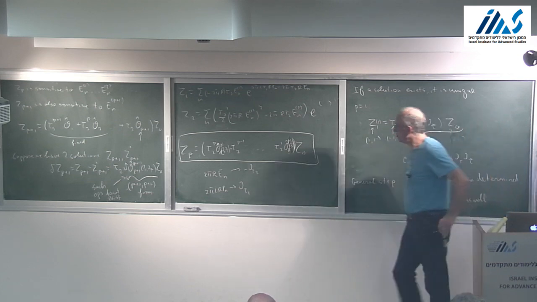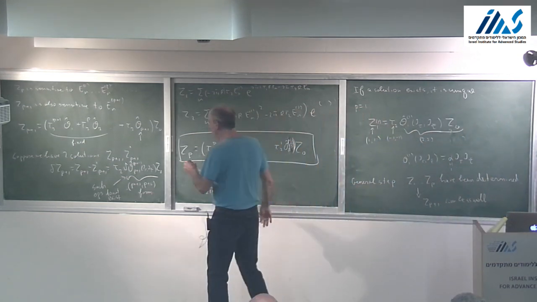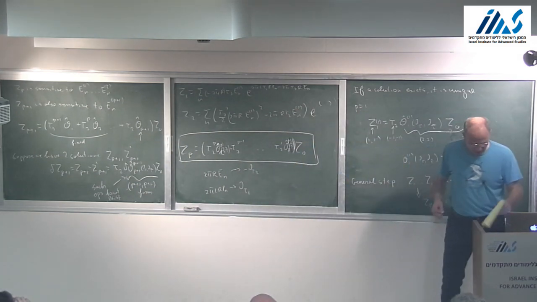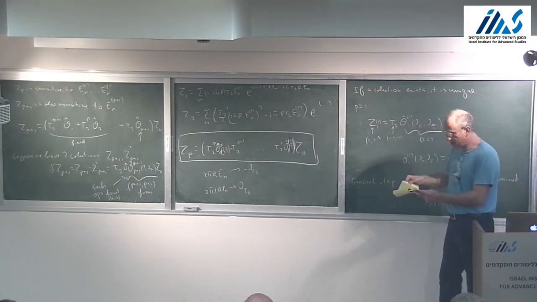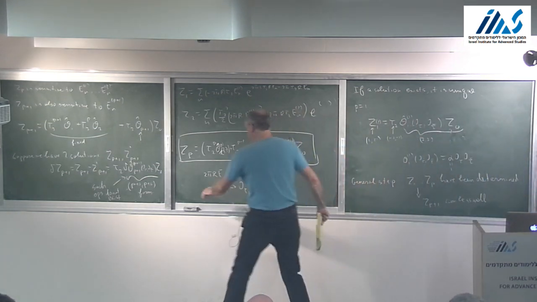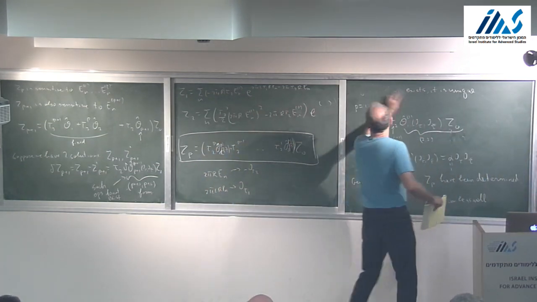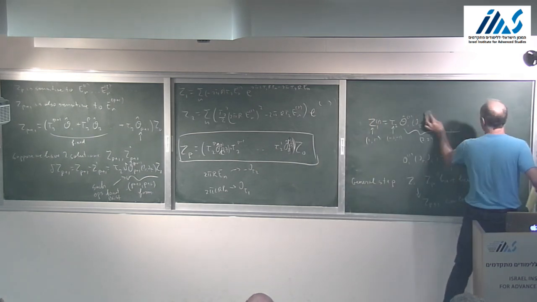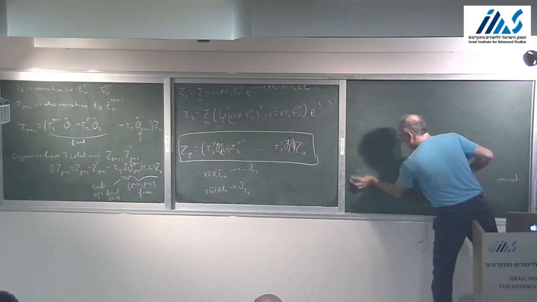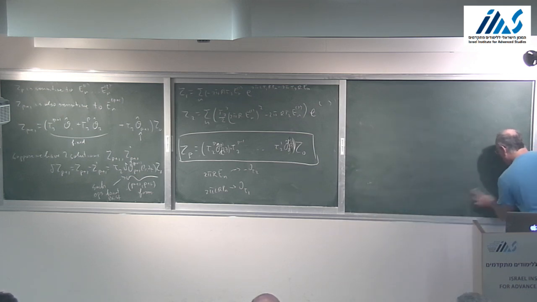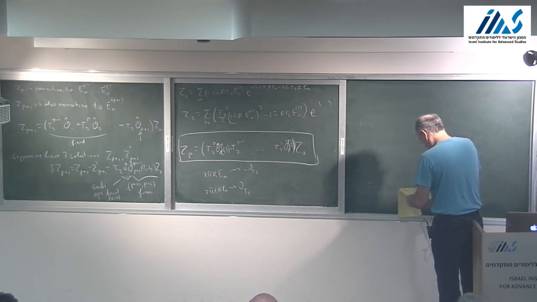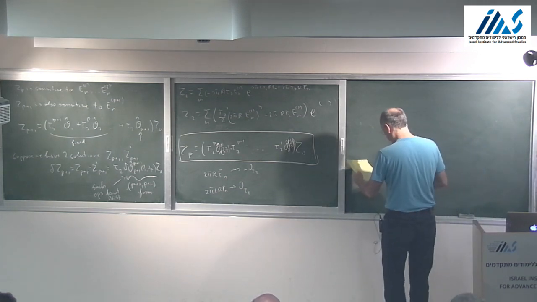Okay, so far I showed if there is a solution, it is unique. The easiest way to show that a solution exists is just to write it down. So the unique solution to all these constraints is the following.